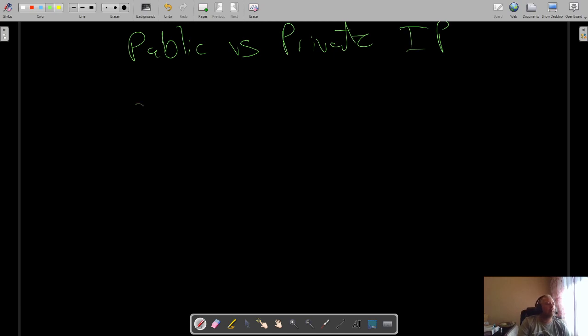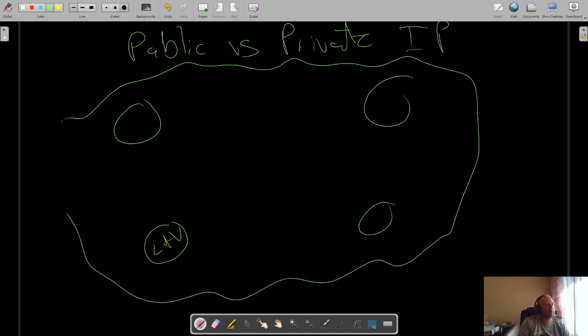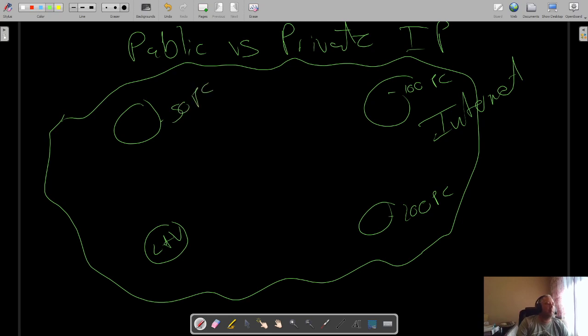Okay. Now, let's say we have LANs, and these LANs are connected onto the internet. Because we just learned that IP addresses identify the unique device that we have. If this network has 100 PCs, and this network, let's say, has got 200, this network's got 50 PCs, and this network's got 10 PCs.